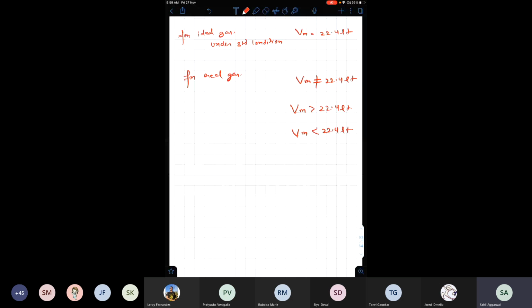If volume of gas is less than 22.4 liter, that is the standard volume, what should I call it? More compressible or less compressible gas?